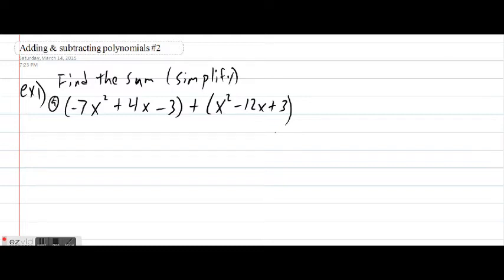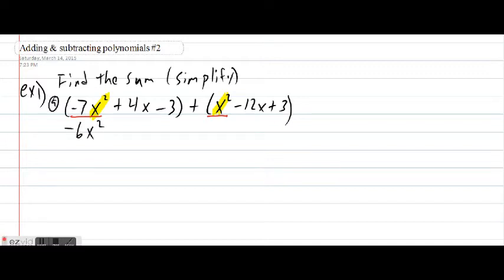Remember what it means to be a like term. x squared, x squared, those are like terms. So negative 7, plus there's that 1 in front there. So negative 7x squared plus 1x squared gives us negative 6x squared.